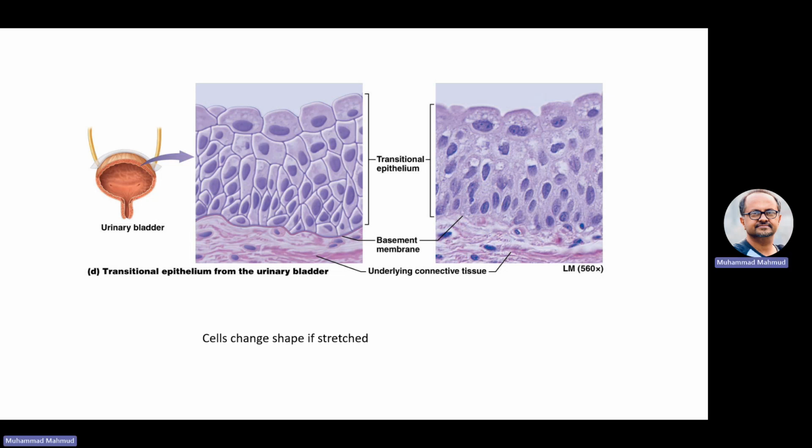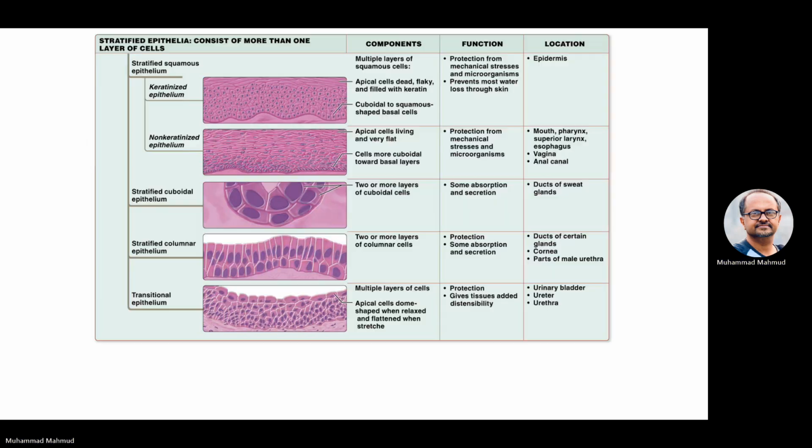So we call it transitional. Transitional epithelium in the urinary bladder, they change their shape. When the bladder is empty, they will look like this, almost cuboidal, but can become flattened when this is stretched.